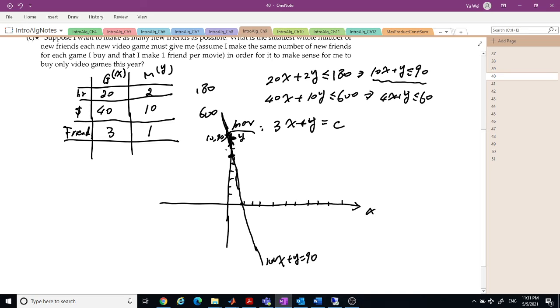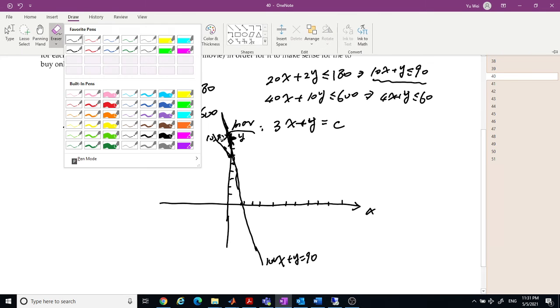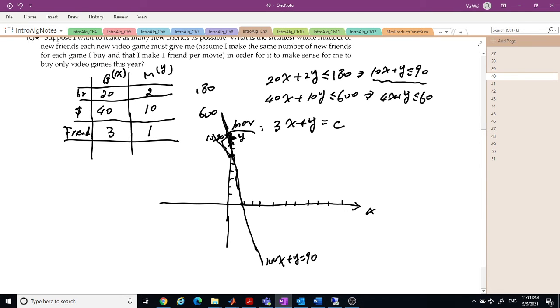That's here. So this is 4x plus y equals 60.